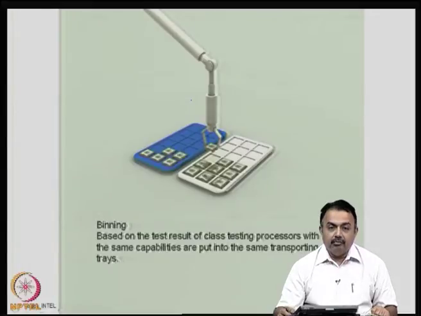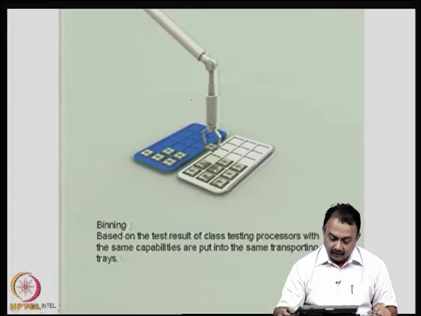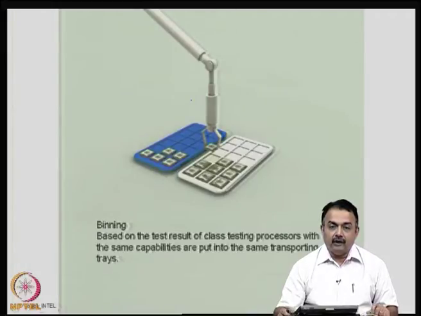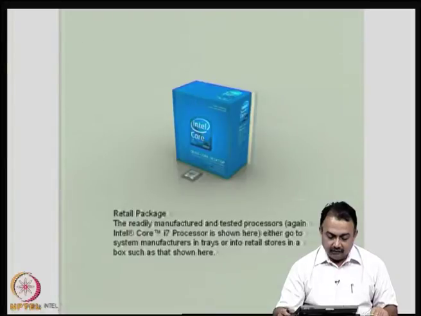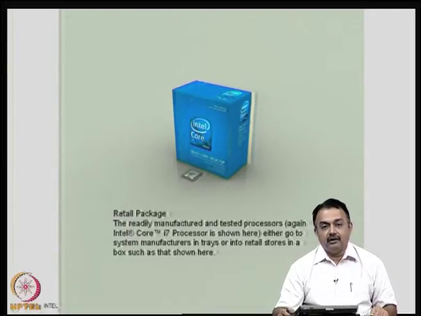Then binning, this is basically classification of the processors of a particular type into trays that are again well defined in terms of material choices, shielding and so on, and because these have to be transported, and finally, it is sent for retailing.